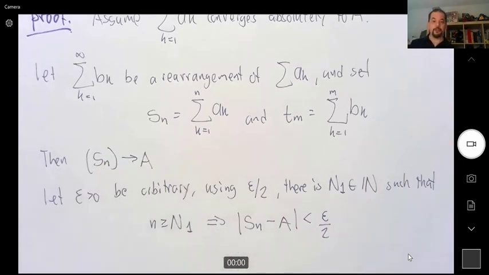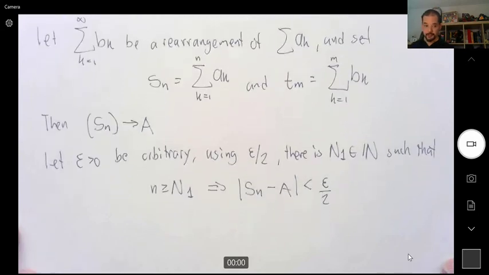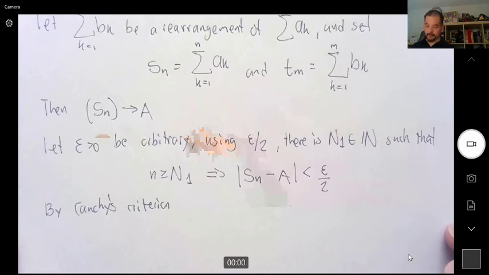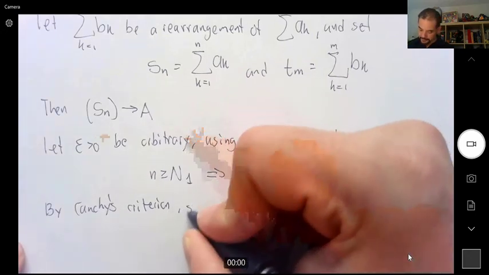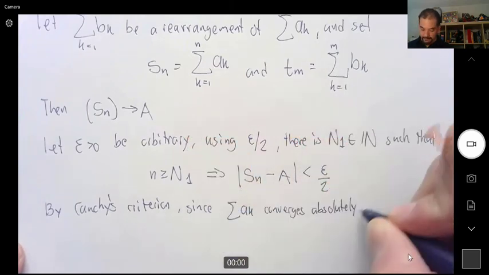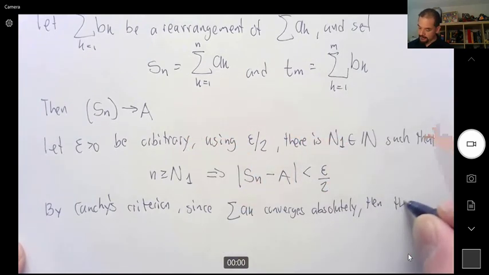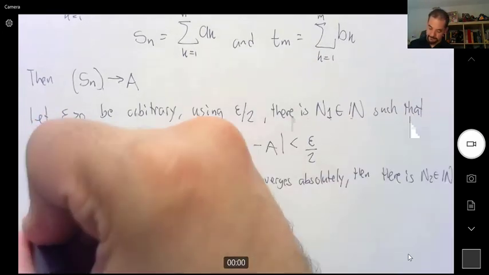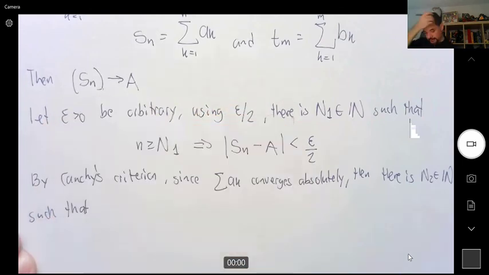Now, another one that I'm going to need is the absolute convergence. So I'm going to use the absolute convergence with Cauchy's criterion. By Cauchy's criterion, the fact that this series converges absolutely means there is some natural number n2 such that the following happens.